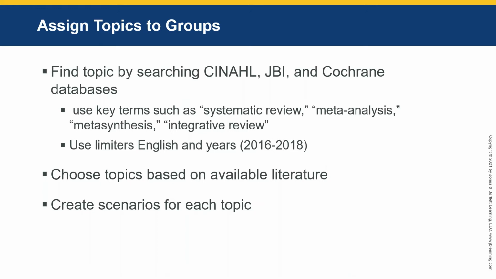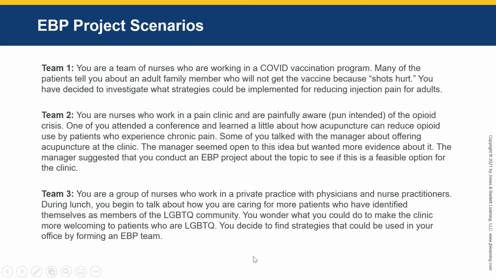I skim the titles and read the abstracts, and I pick the topics based on the ones I run across. When I see ones that I like, I create a scenario for each topic. Here are 3 team scenarios to give you an idea. The first one is about nurses who are working in COVID and are trying to reduce injection site pain.